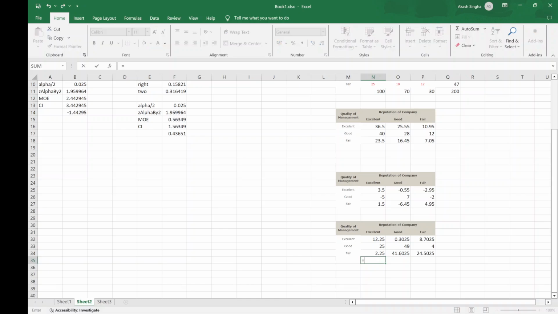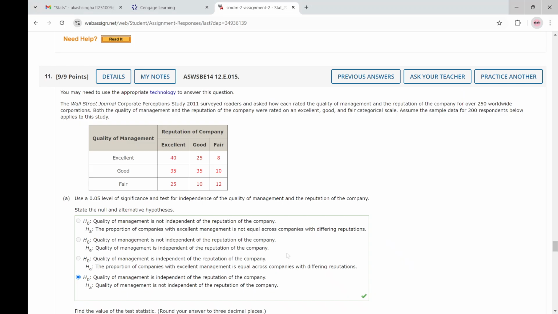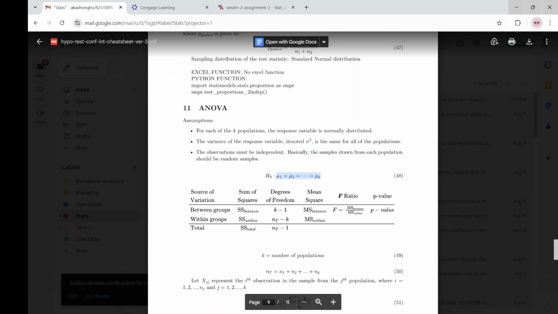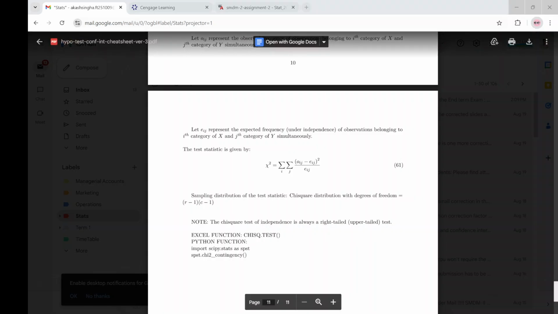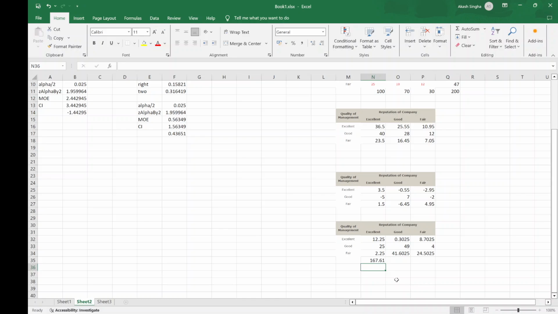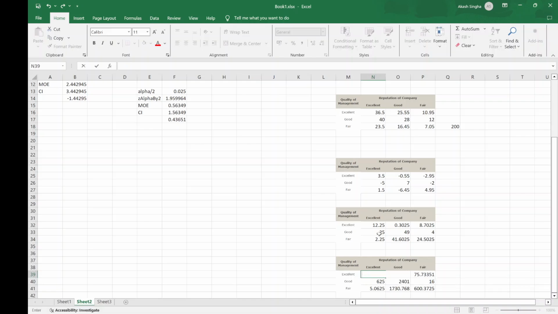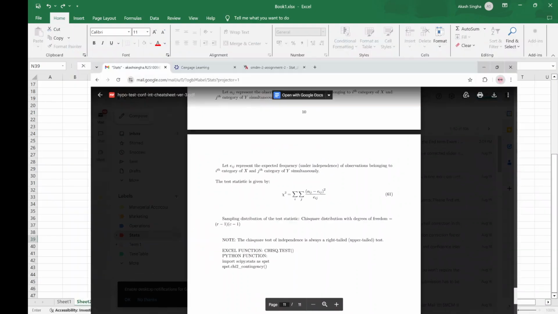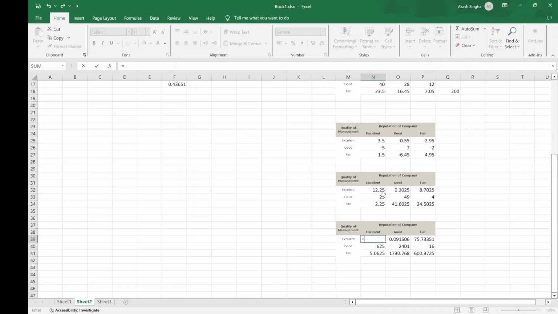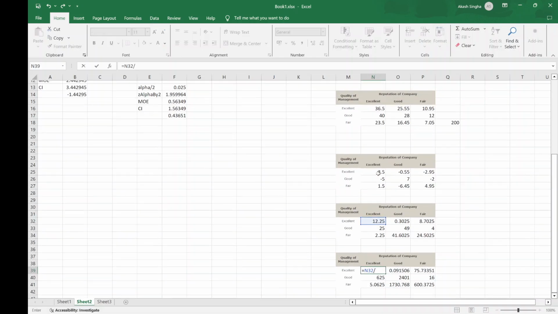Then sum the whole thing, 167.51. Now the formula is by E_ij. Okay, so I think we have to calculate the difference square by E_ij.